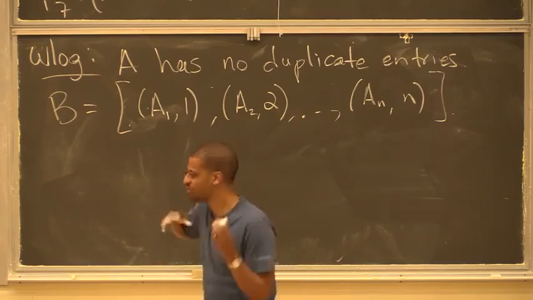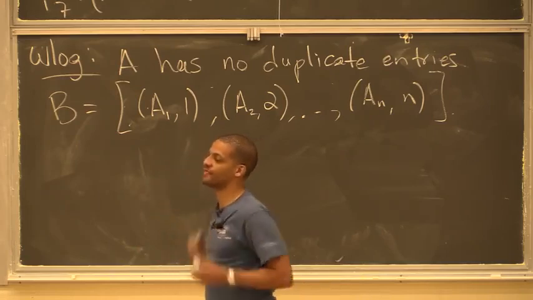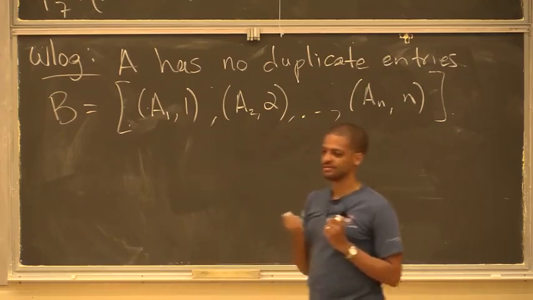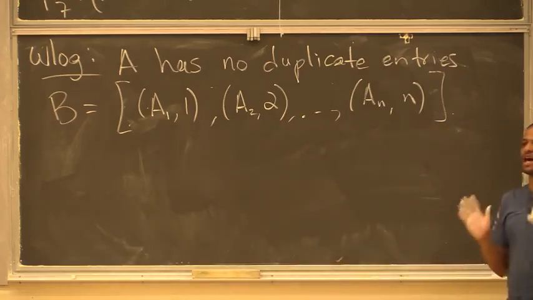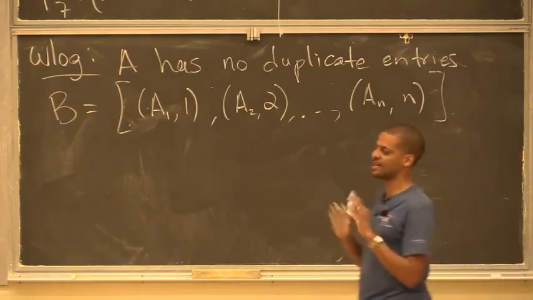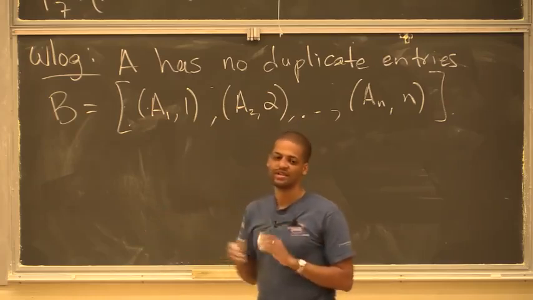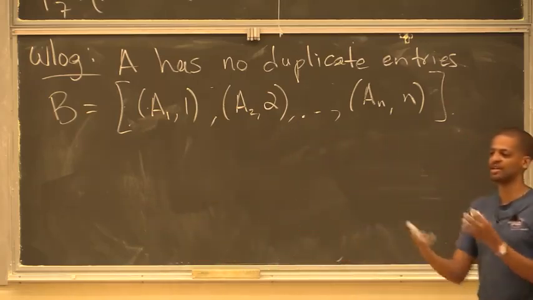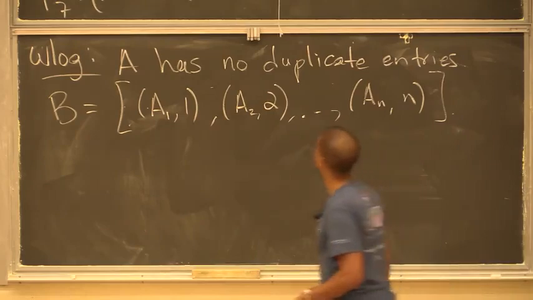So I'll take my input, do this transformation, and then feed B into the algorithm. So from now on, we can just pretend that all the entries in the array are distinct. It is possible to deal with duplicates, I just don't want to have to manage entries equal to the pivot separately.